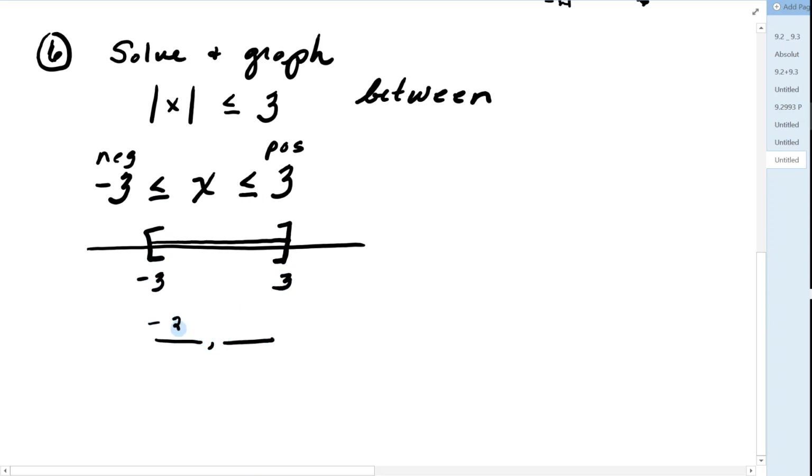It is where you start and where you stop, and you use the same symbols that you've used in the number line. So your answer, you will be looking at a multiple choice of graphs. That's your graph. Then they will ask you to write it as an interval, and it would be like this. So you will write your answer as an interval, and you will identify the graph.